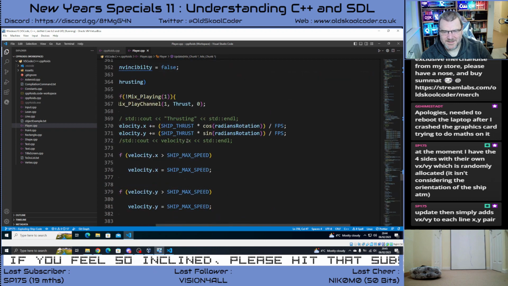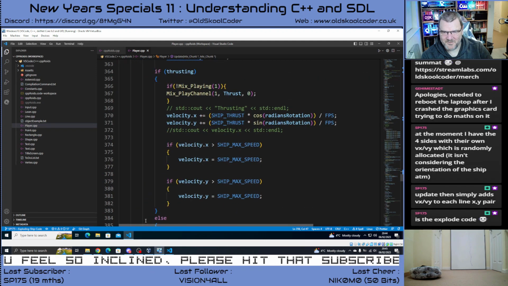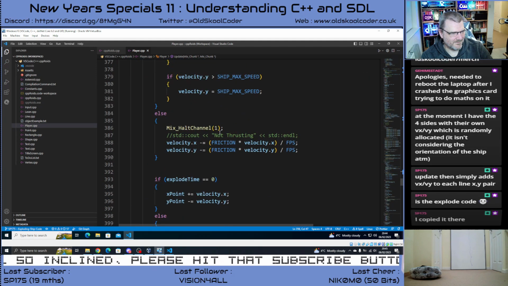It's been a while since I've drawn the ship. Is the explode copied? I copied it there.